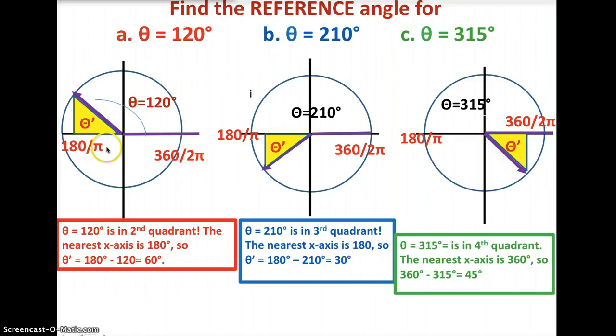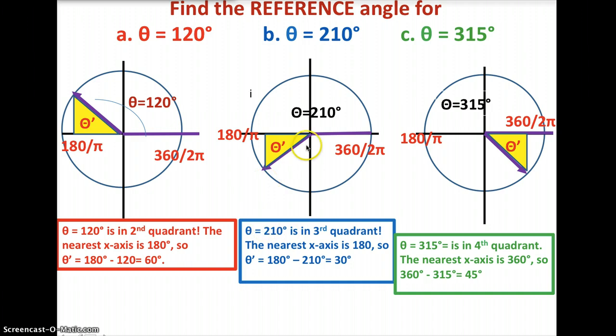Example of that would be 120 degrees, which is a second quadrant angle. The nearest x-axis is 180, so when you subtract, the reference angle or triangle would be 60 degrees right here, even though we're looking at this one. And then 220 is a third quadrant angle.